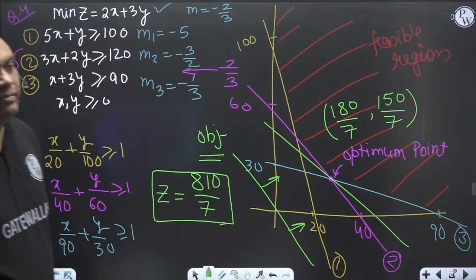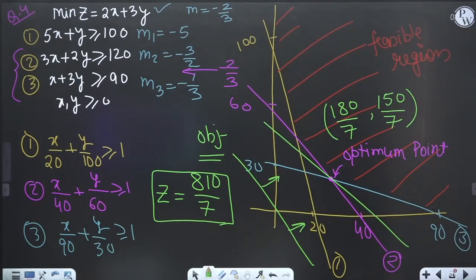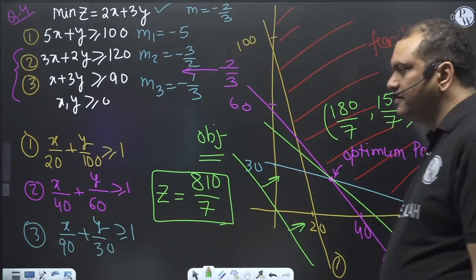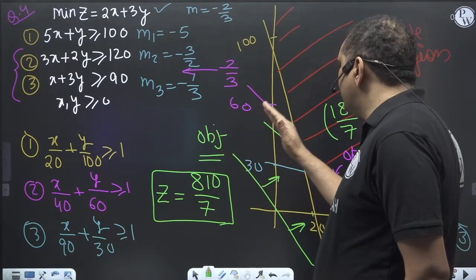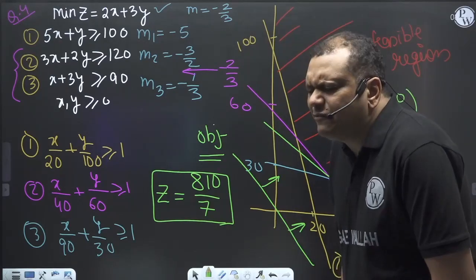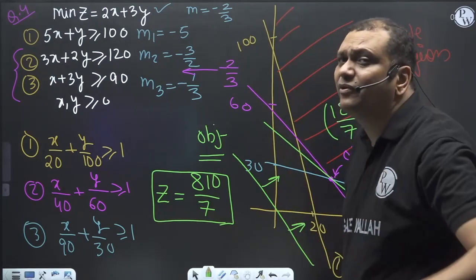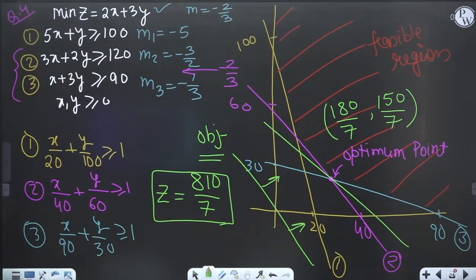Because the objective function is a minimum function, we will extend the line towards the feasible region. The first point the objective function touches the feasible region is an optimum point. Everybody's okay?